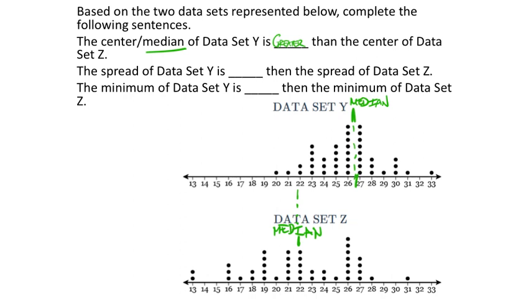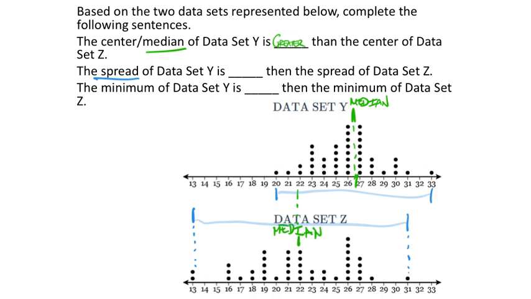Next up, what we want is the spread. If I am comparing the spread of data set Y, I have a minimum here at 20, and then it spreads all the way to 33. You can actually make a line like this and compare the two. Set Z has a minimum over here and a maximum over here. If I were to make two lines, you could just compare the lengths of the lines if you'd like.